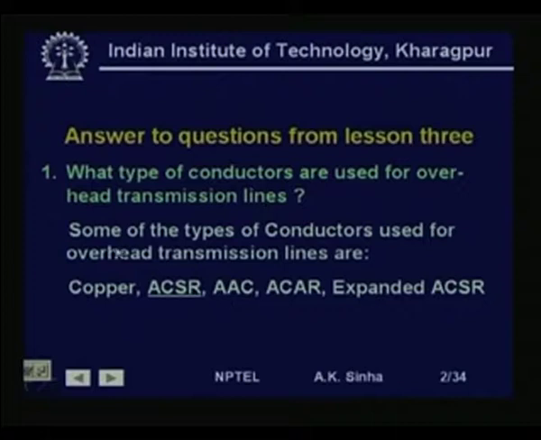Well, some of the types of conductors used for overhead transmission lines are copper conductors, which is very rarely used nowadays, ACSR, that is aluminum conductor, steel reinforced conductors, then all aluminum conductor or AAC conductors, or ACAR conductors or expanded ACSR conductors which are used.